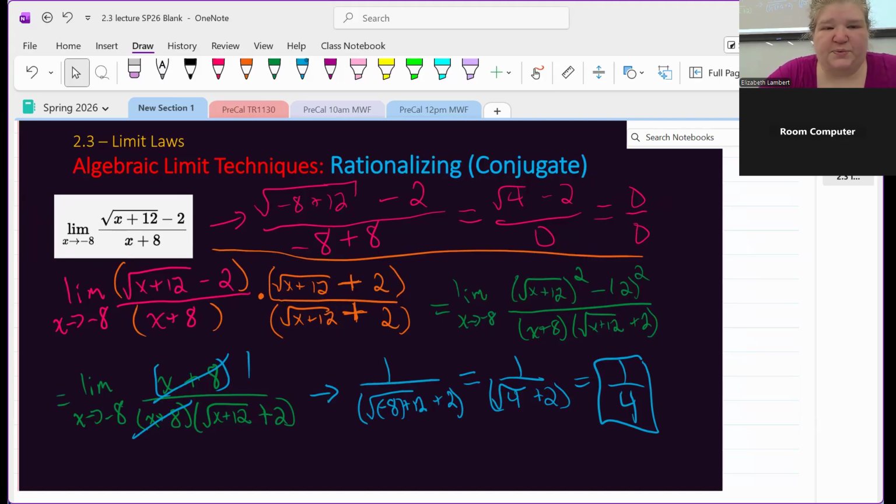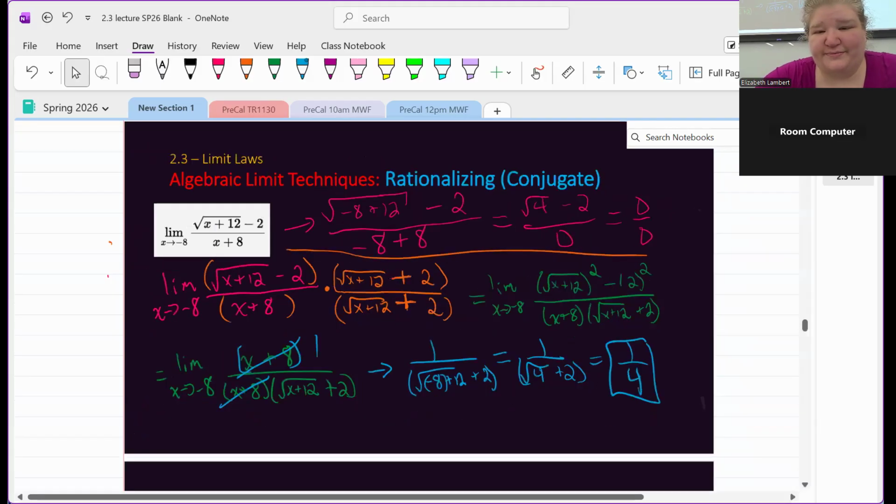So the bulk of these problems, these crazy limits, is a whole bunch of algebra skills, algebra practice. The calculus step is just plugging in the number and seeing the 0 over 0, realizing we've got to do the algebra, and then getting the 1/4.